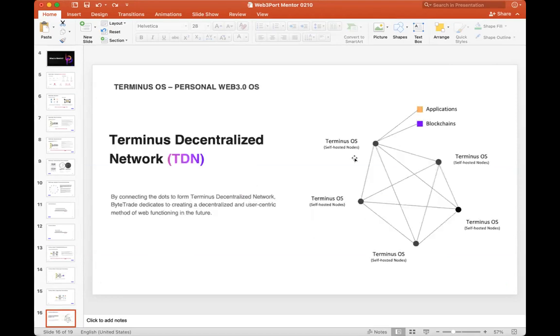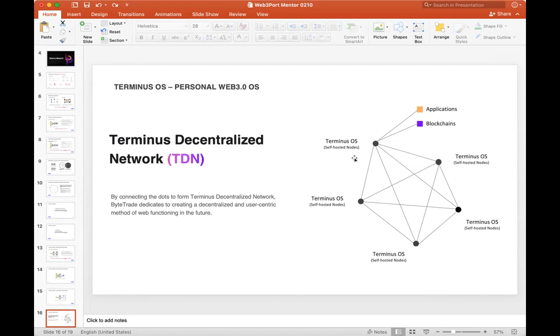So the whole concept, Terminus, is one of the things that we build and support. The whole concept is to create a decentralized network based on self-hosted nodes.